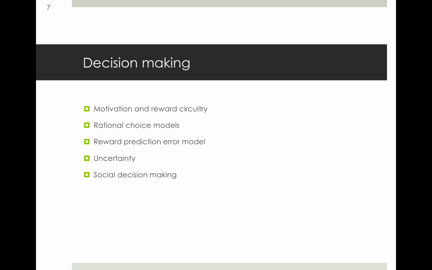What are rational choices, and when do we deviate from the rational choice? And then I talked about the reward prediction error as a way to tie together the mathematical and the neuroanatomical, right? Because it really specifies how the dopaminergic system codes for choice. Right? And then the effects of uncertainty and how people respond to uncertain or imagined decisions that we might make.